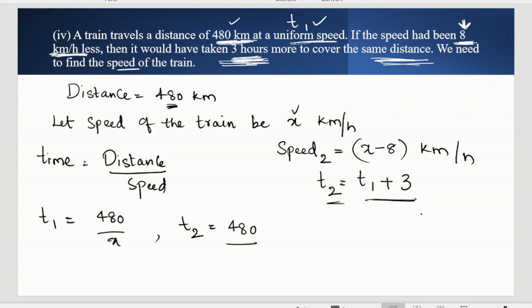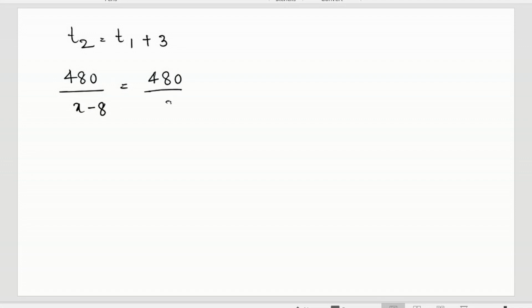And the speed is x minus 8, which is the new speed. So let us substitute these in T2 equals T1 plus 3. What is T2? T2 is 480 by x minus 8, equal to T1, which is 480 by x, plus 3.